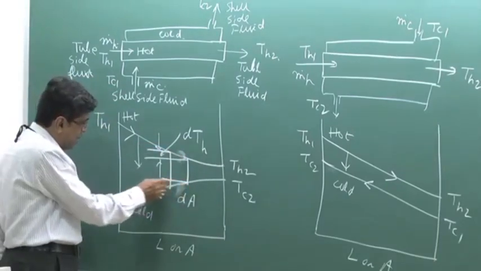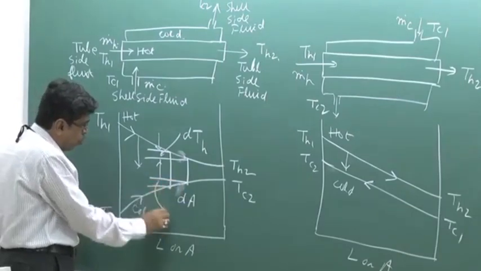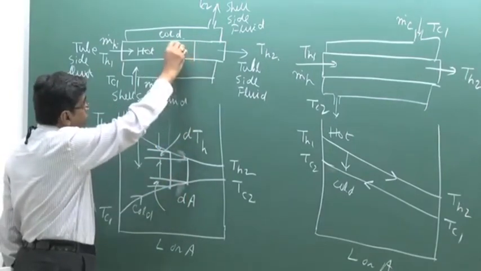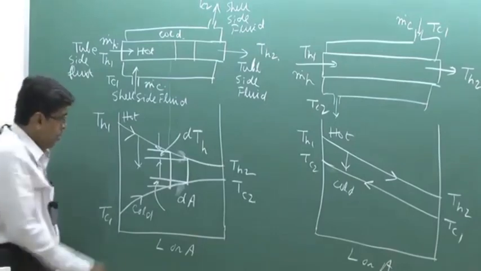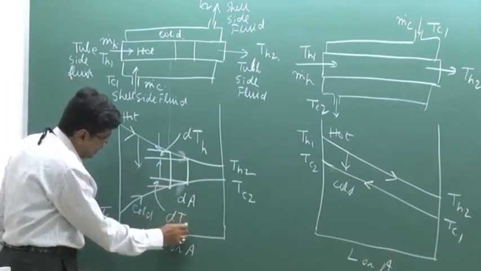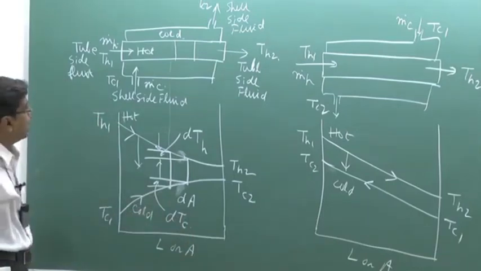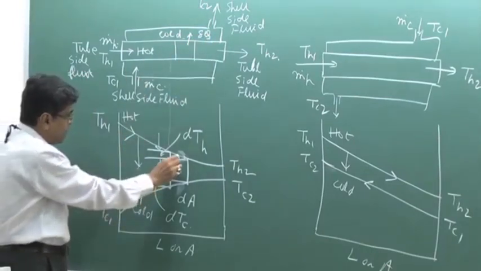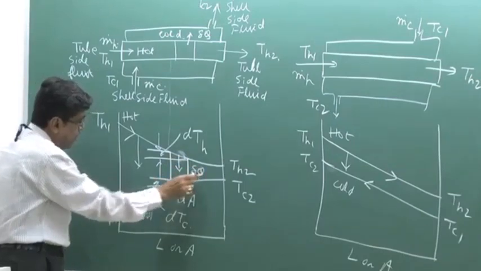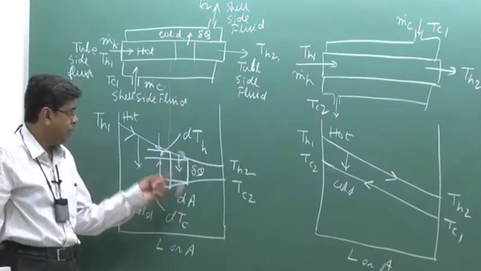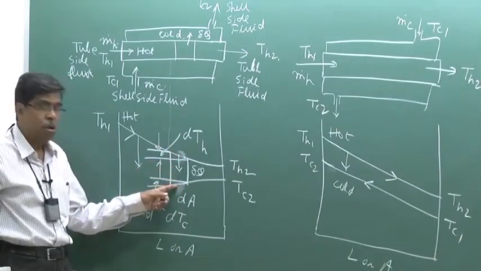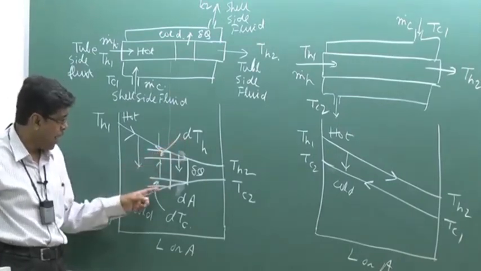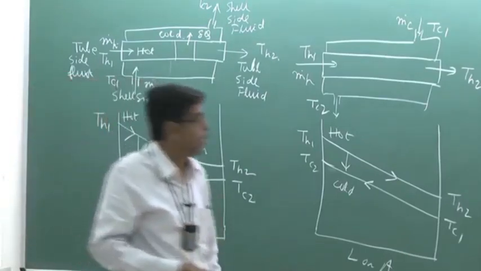At the same time there is an increase in the cold fluid temperature through that dA area in the exchanger, through which the change is dTc, and here there is an amount of heat transfer delta Q. That means through a small elemental area dA, delta Q heat is transferred from the hot to cold, by which the hot fluid suffers a differential decrease in temperature dTH, and the cold fluid suffers a differential increase in temperature dTc.